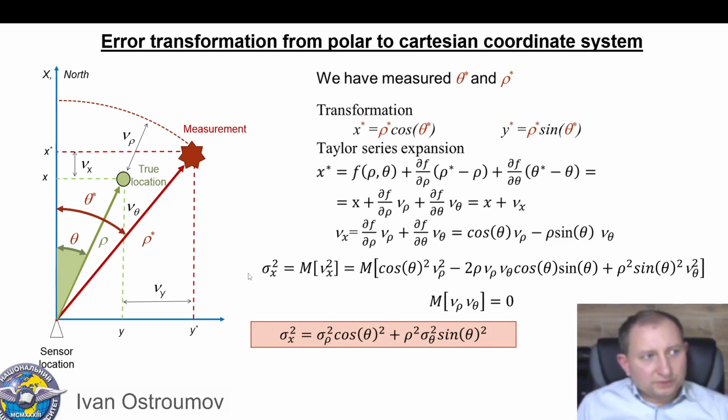That's why dispersion, it is sigma x squared. And dispersion, usually we can represent as a mean value by multiple measurements of x error squared.